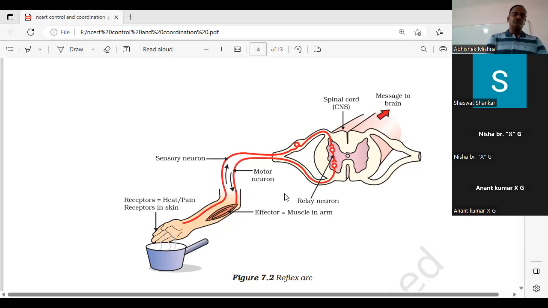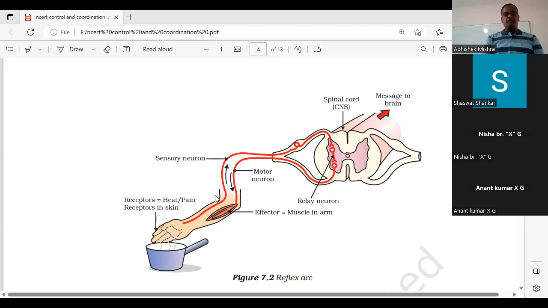No, Nisha, listen to the question properly. Which neuron connects receptor to the CNS? Yes, correct. Good. It's a sensory neuron which connects the receptor to the CNS.